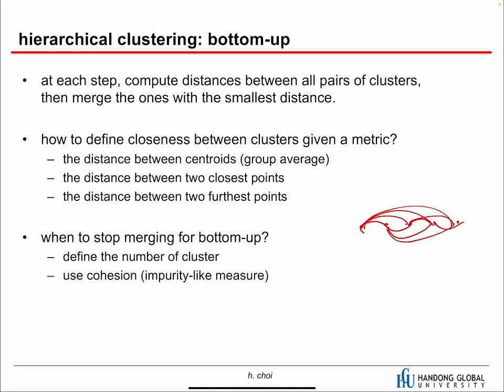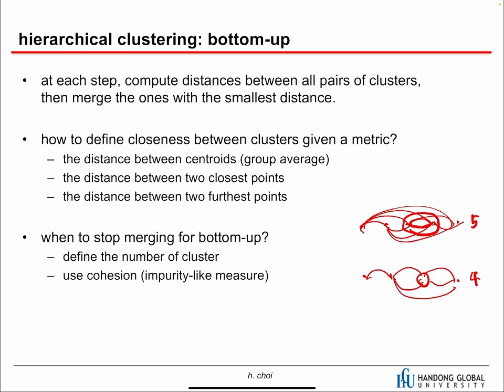Let's say these two are the closest, then we merge these two. We started with 5 clusters, now we have 4 clusters, and then we do the same thing. We calculate the distances and find the smallest one. The idea is quite simple and intuitive.